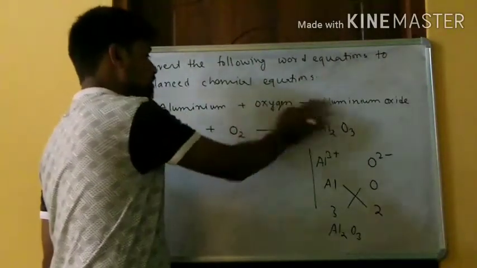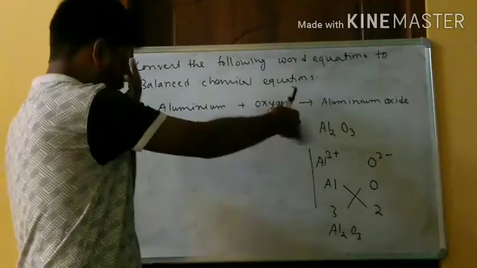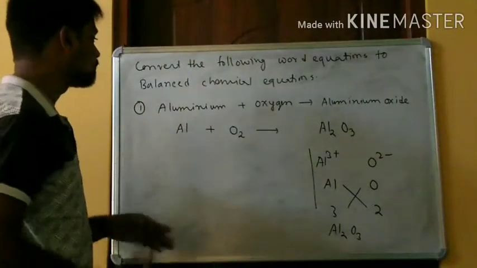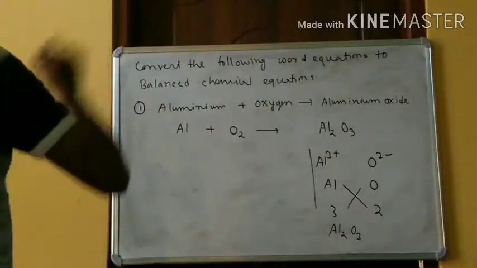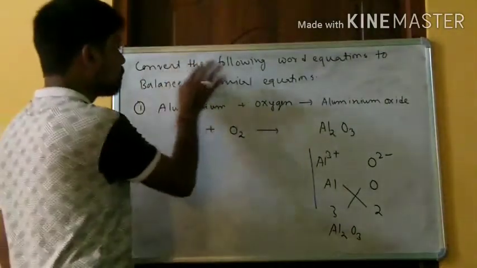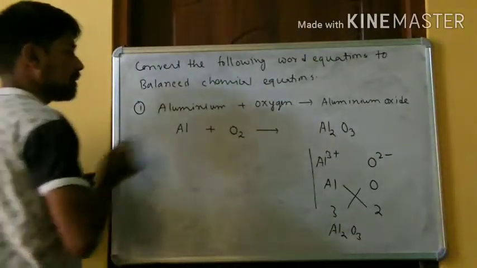The conversion is done. The word equation is converted to a chemical equation. But in the question, what do we have to do? Convert the word equation to a balanced chemical equation.